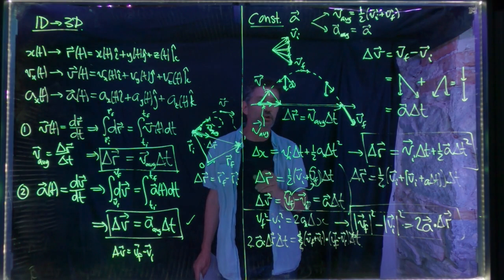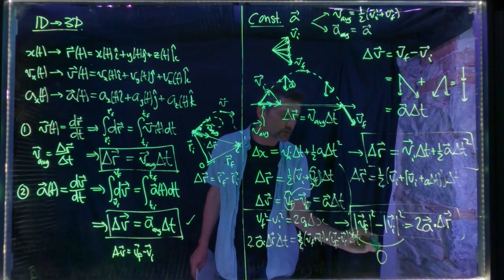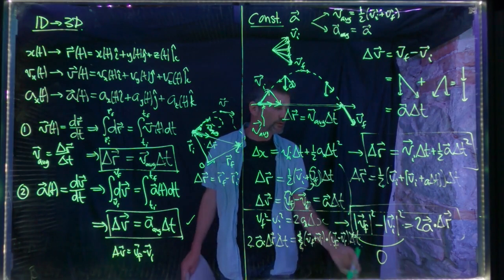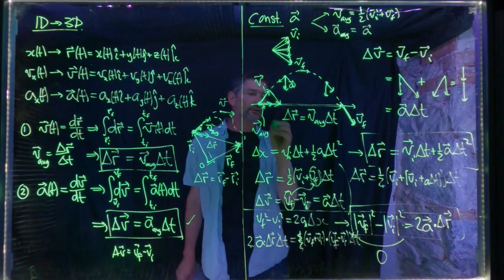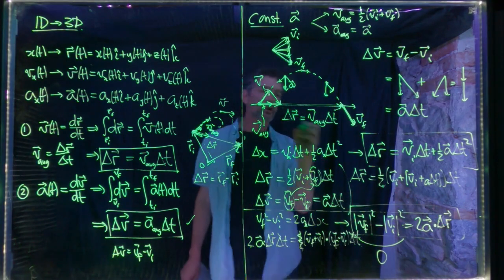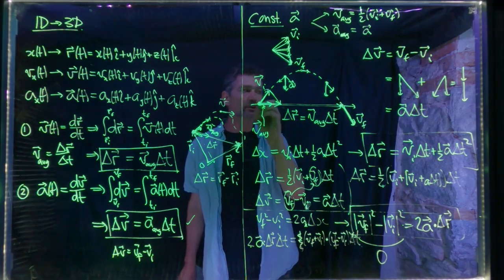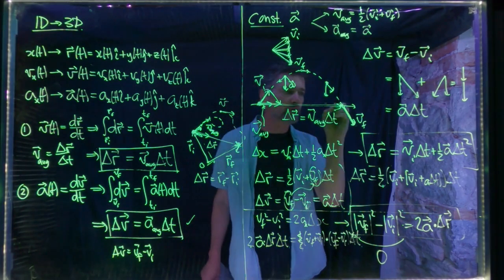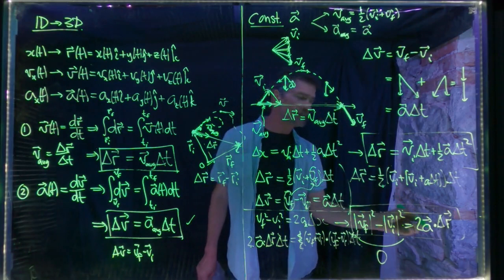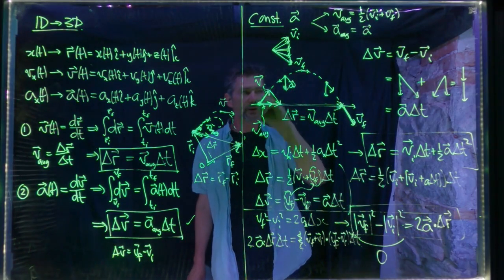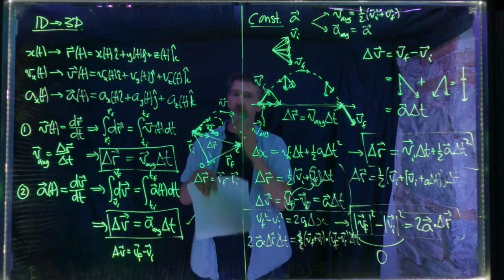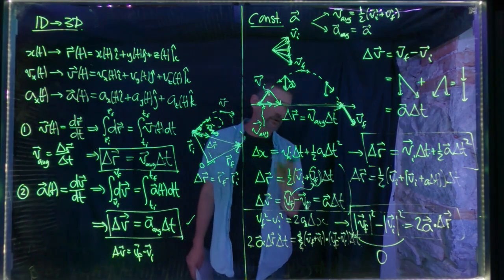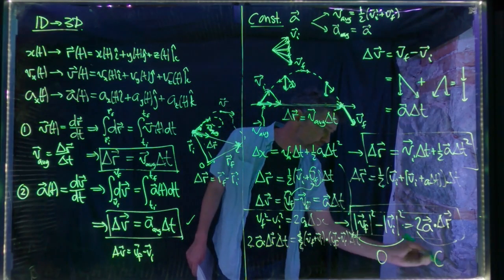The difference should be 0, just from symmetry. So the left-hand side should be 0. Is it? Well, you can see easily that delta r, what's the vector delta r? Well, it's the displacement from here to here. That is a horizontal vector. What is the acceleration? It is a vertical vector. Okay, and for horizontal and vertical vectors, their dot product is 0. So this is also 0.